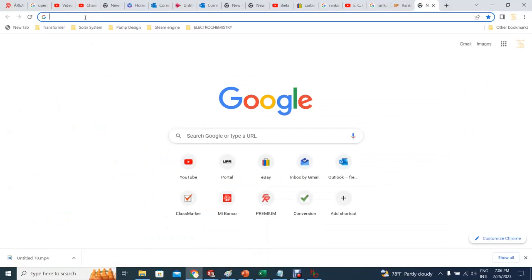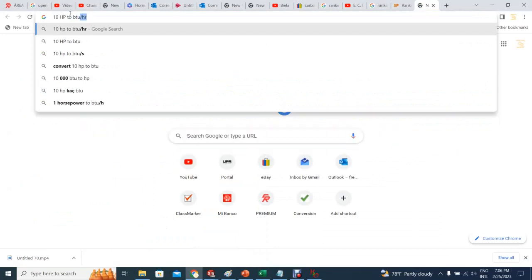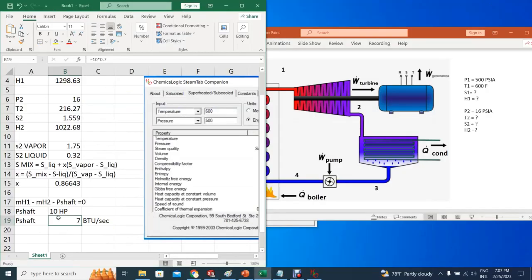Let's go to Google and put 10 horsepower to BTU per second. Here we go, and you get the number. 1 horsepower is about 0.7, see? 0.697 BTU per second. That's all you want to know. About 0.7. So you have 10 horsepower, then you get 7 BTU per second. This is straightforward. That's why you see the 0.7 here per horsepower for the conversion. So now you have 7 BTU per second.